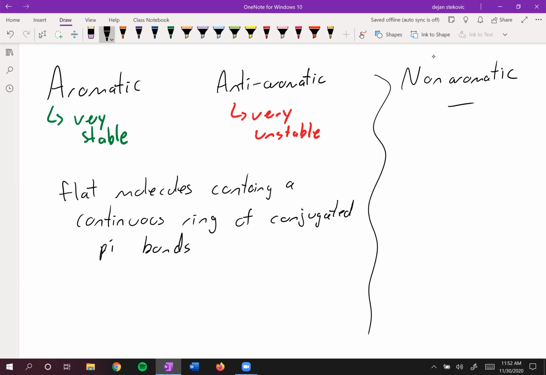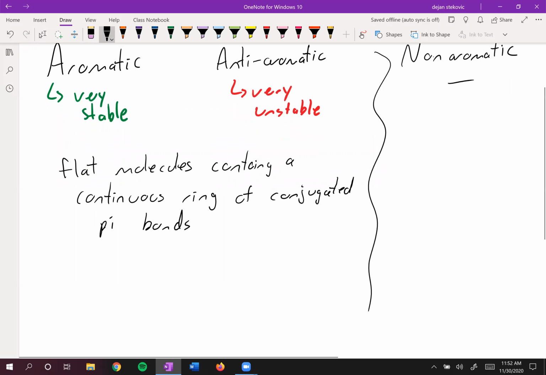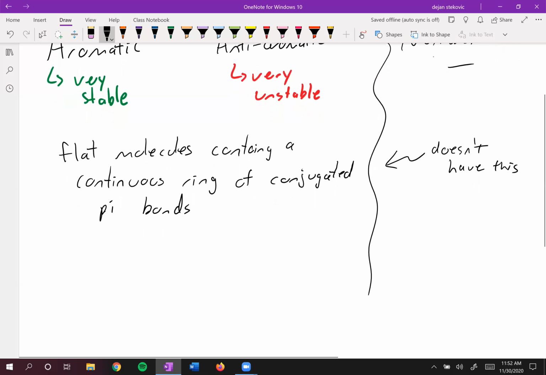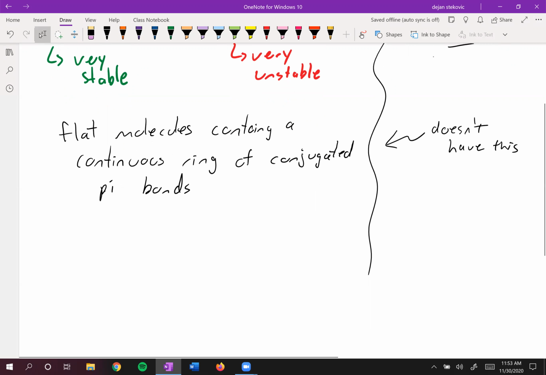Right, so they all have this continuous ring of conjugated pi bonds. A non-aromatic system doesn't have one of these things. Right, and it just has to miss one of them. So maybe the molecule's not flat, then it's not aromatic. Maybe it doesn't have a continuous ring of conjugated pi bonds, then it's not aromatic, right? That kind of thing. So it has to be continuous pi bonds, and they have to be rings as well.